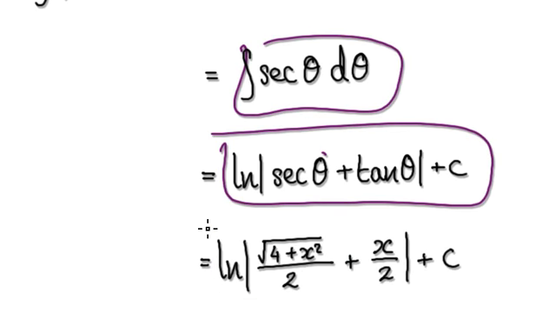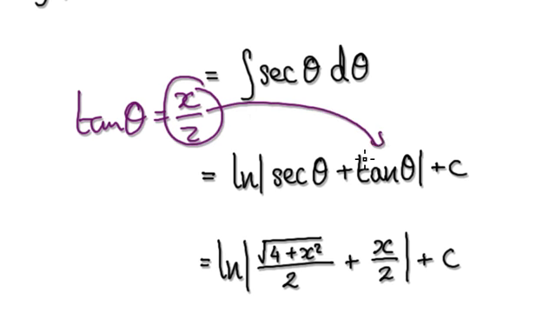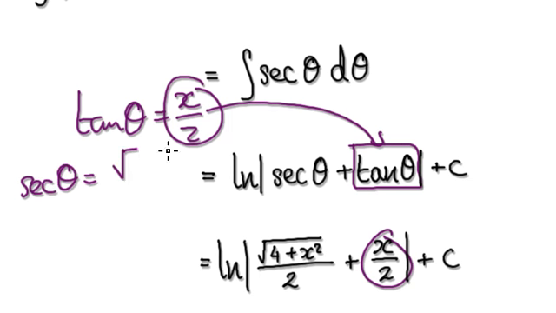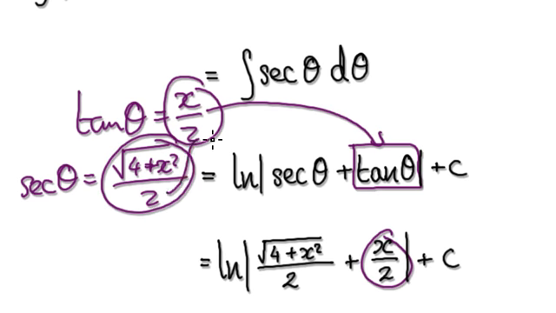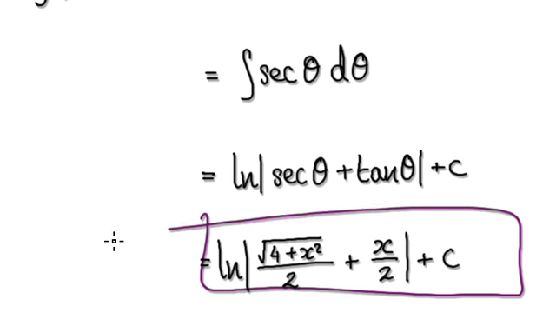But then earlier we said tan theta equals x over 2. So we can put this into this block here. That will then give us this. And then earlier we said secant of theta equals square root of 4 plus x squared over 2. So we can then put this into here. So that will then give you this. So your final answer is this. Okay.